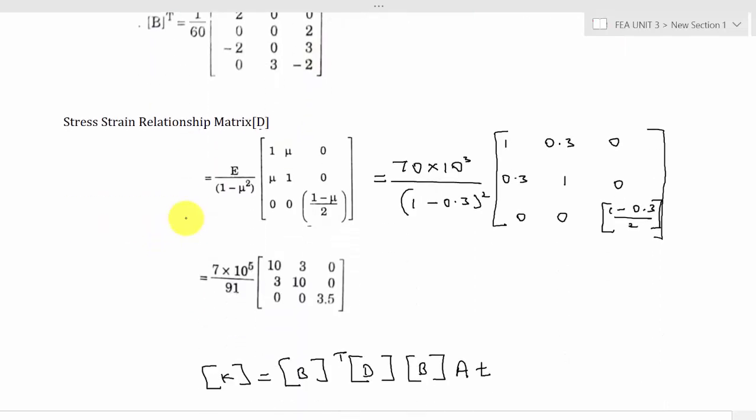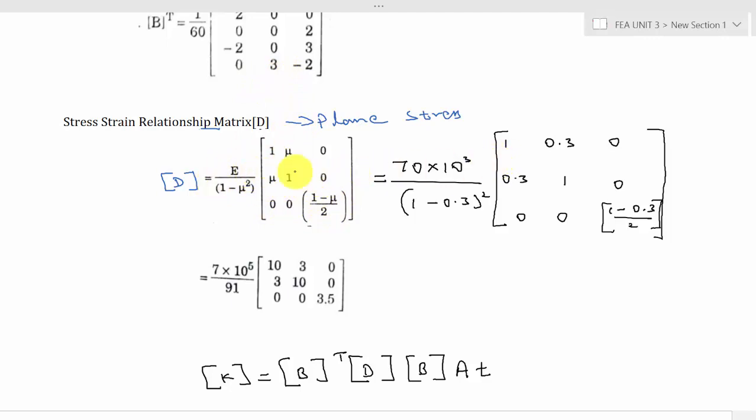Then the second matrix is the D matrix. In the problem, they have specified that it is a plane stress element. So the equation for D is E by 1 minus mu square, times the matrix 1, mu, 0, mu, 1, 0, 0, 0, 1 minus mu divided by 2. You have to remember the B matrix equation, the area equation and the D matrix equation.